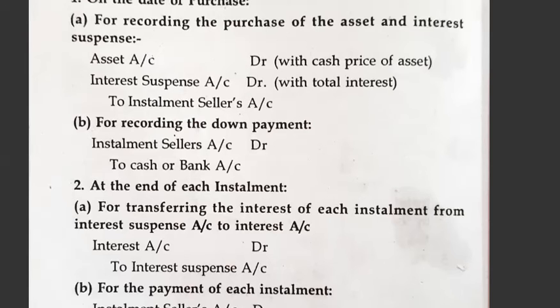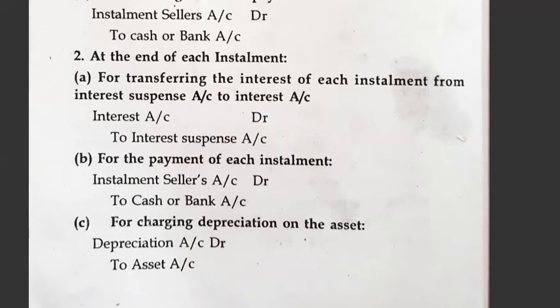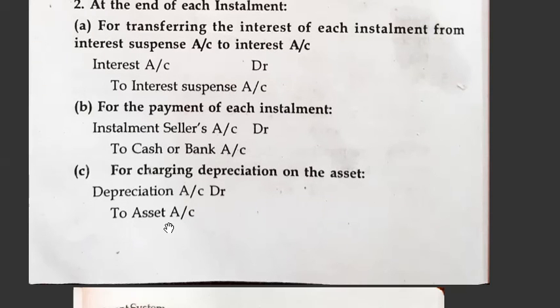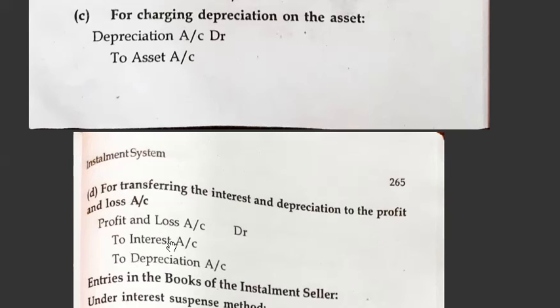At the end of each installment, these are the entries to be passed. One is Installment interest account debit to Interest suspense account, for transferring installment interest. Then payment of the installment: Installment seller account debit to Cash or bank account. Then the depreciation entry: Depreciation account debit to Asset account. Then the transfer to the profit and loss account: Profit and loss account debit to Interest account and Depreciation account.